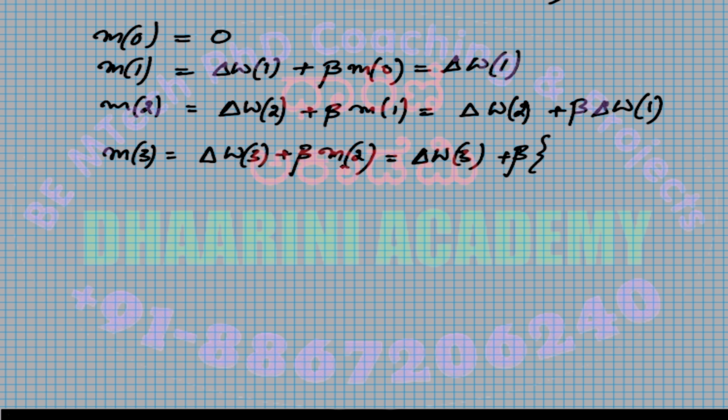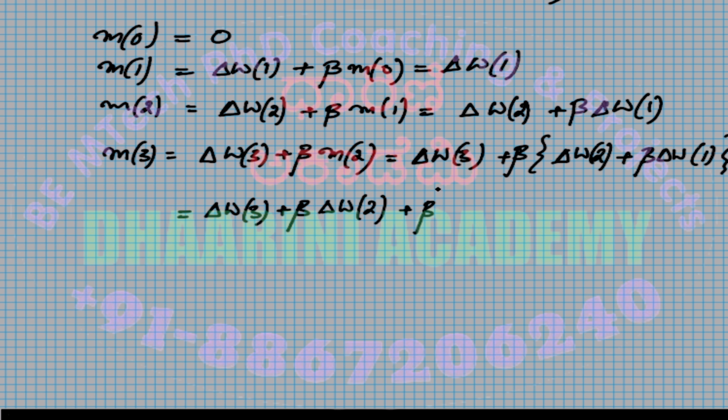Now substitute for m of 2 from the previous equation, that is delta w2 plus beta into delta w1. So m of 3 is equal to delta w3 plus beta times delta w2 plus beta square times delta w1. So this is m of 3.